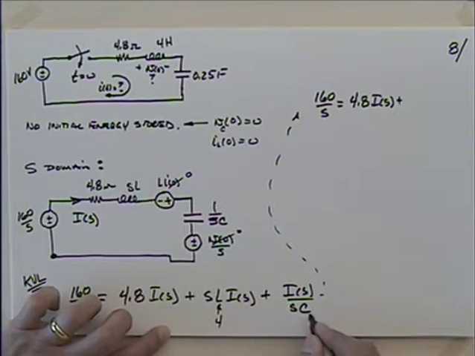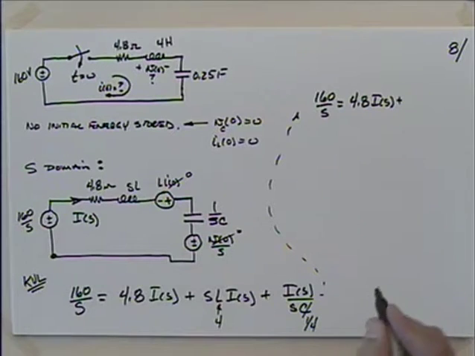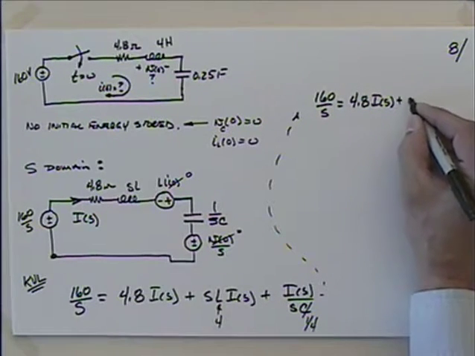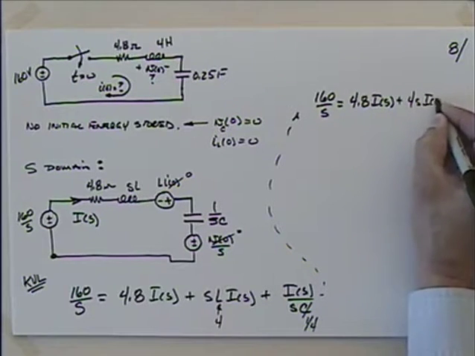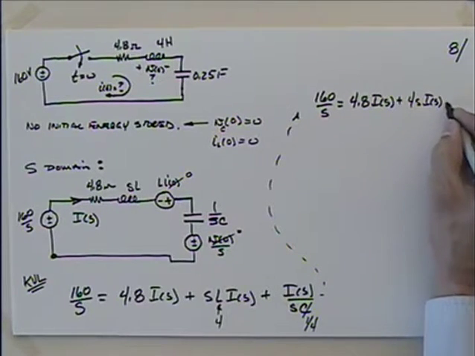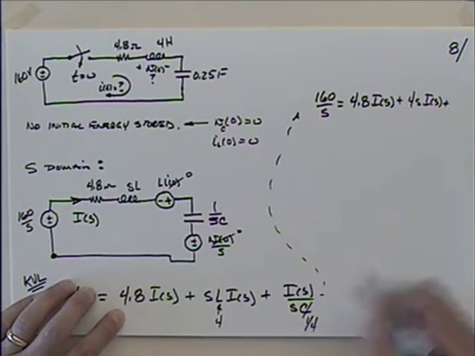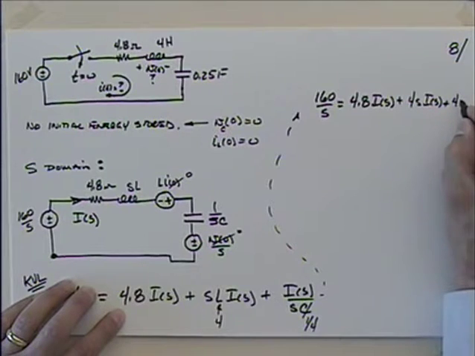And the value of the capacitor is 1/4. So I've got then 4S I of S plus 4 I of S over S, right? Because the 4 in the denominator, yeah, 4 I of S over S.